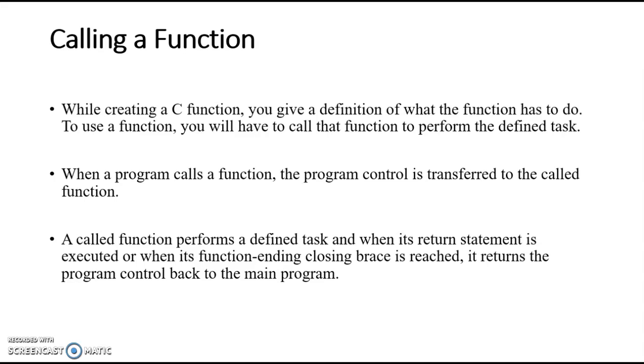So the function is going to execute that part, and control is transferred back, and again your control goes to executing the next statement in the program. Okay, so this is the way we perform the operations in the function.